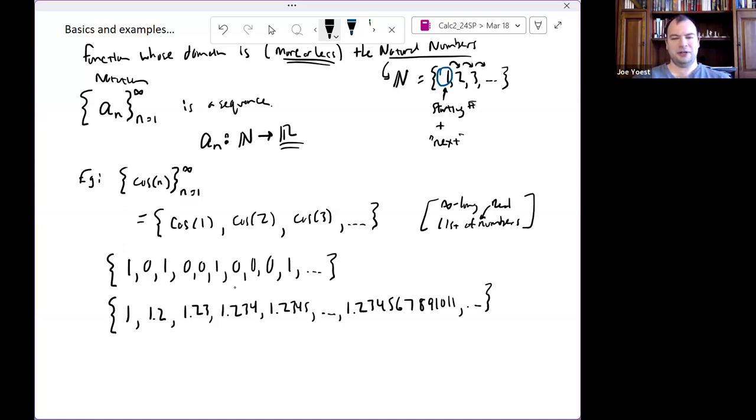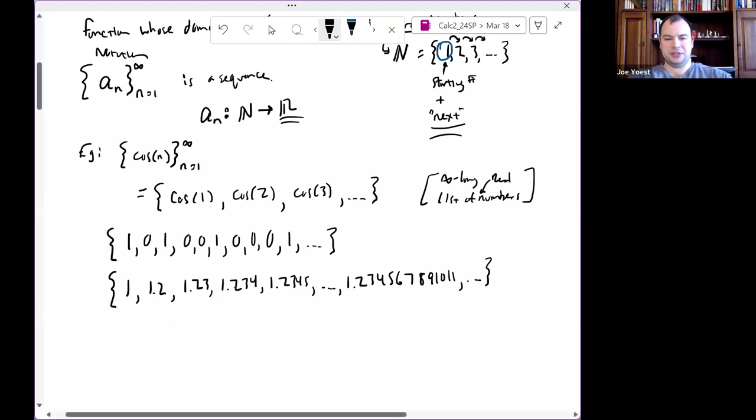Trying to figure out an algebraic structure that would give these numbers as the outputs for an input of 1, 2, 3, 4, etc. would be, I think, quite cumbersome to do, but we can list it out and we can see, okay, I understand how this sequence is made. I understand how to get the next element from the current element. There's, again, this concept of next.